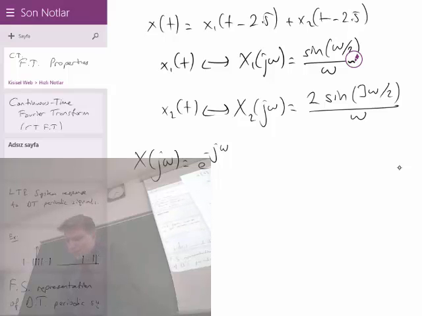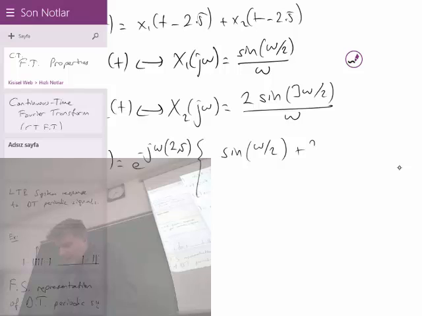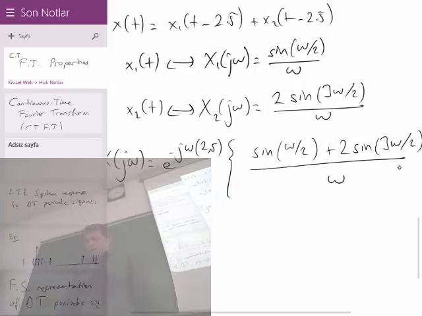What is t0 here? 2.5. Okay, that's it. And I'm opening a big parenthesis because this amount of shift is valid for both x1 and x2. They shift the same. So I'm going to combine these two sinc expressions, sine omega over 2 plus 2 sine 3 omega over 2, over omega. Okay, finished.